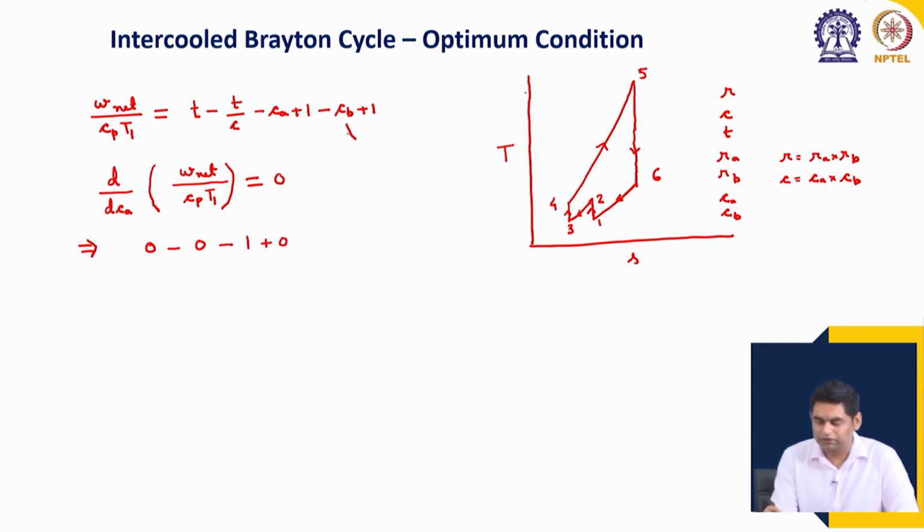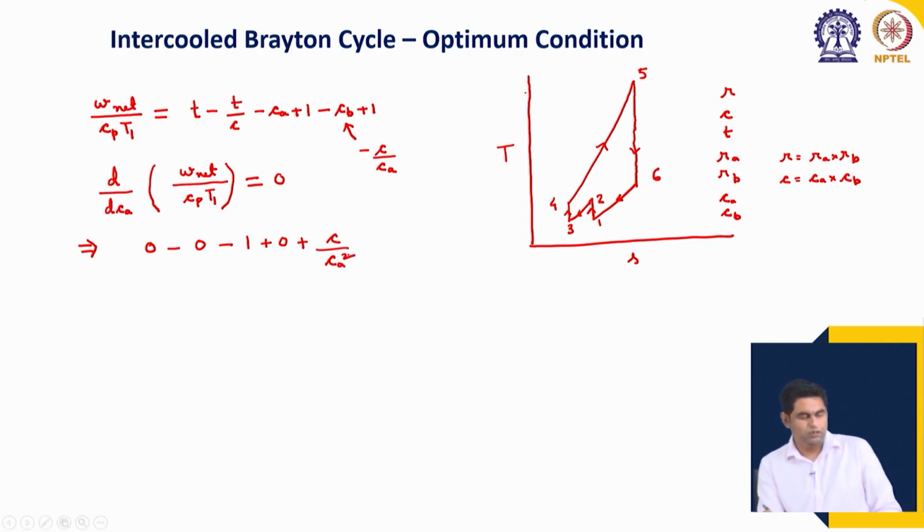What is minus CB? It is minus C by CA. So, the derivative of that is plus C by CA square. And then the final term is 0.